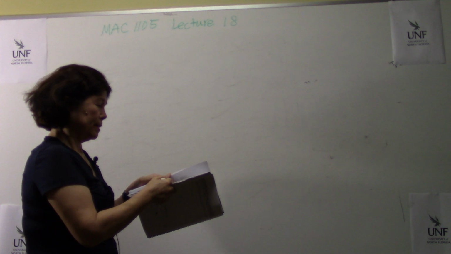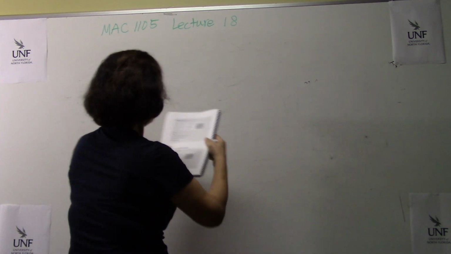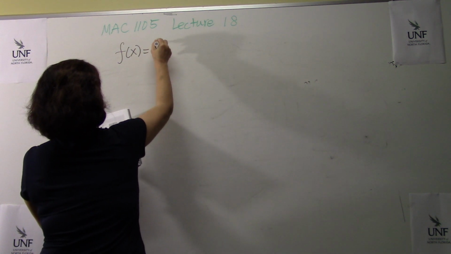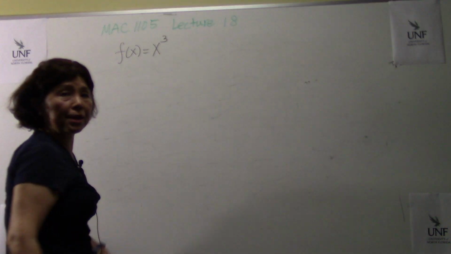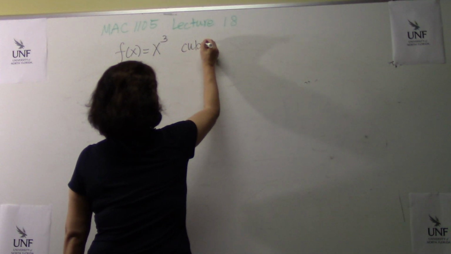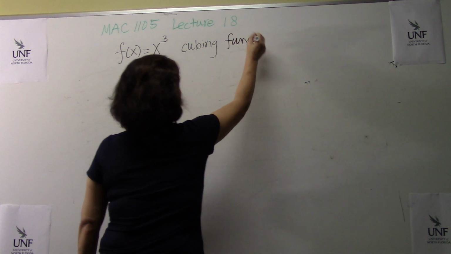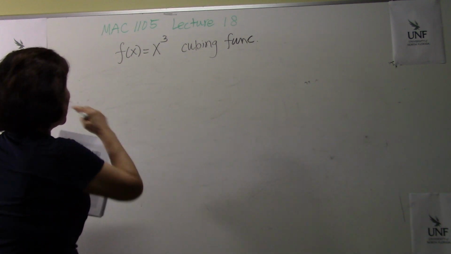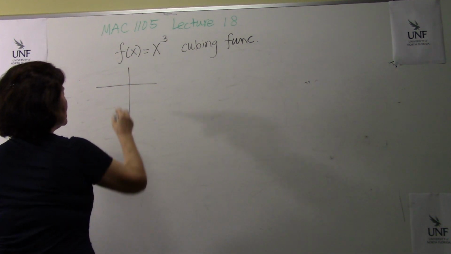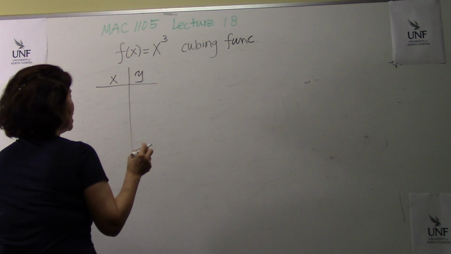This time, well, cubing function. So f of x equals x to the third power here, cubed. So we call it cubing function. Well, the graph, what kind of graph do we expect? So x values and corresponding y values.